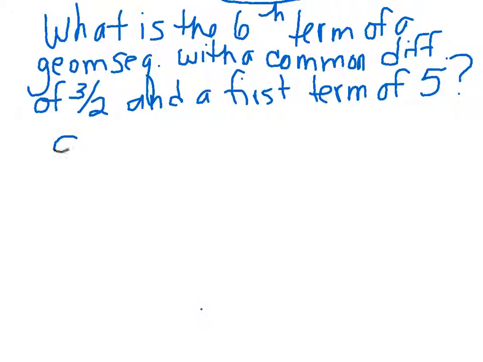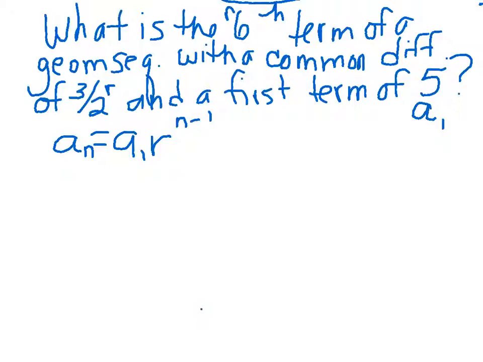I'm going to put this formula back here because it makes it handy to have it. Alright. Reading through the problem, what is the 6th term? So the 6 is our n value of a geometric sequence with a common difference of 3/2, that's our r value, and a first term of 5, that's a sub 1.